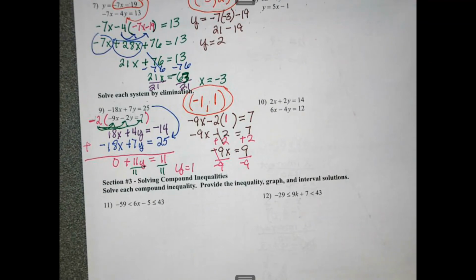So substitution, elimination, and graphing. And then we got review of lines. That's the new stuff on your quiz tomorrow. The automatic retakes is going to be compound inequalities, which I believe was 1.5 part 2.